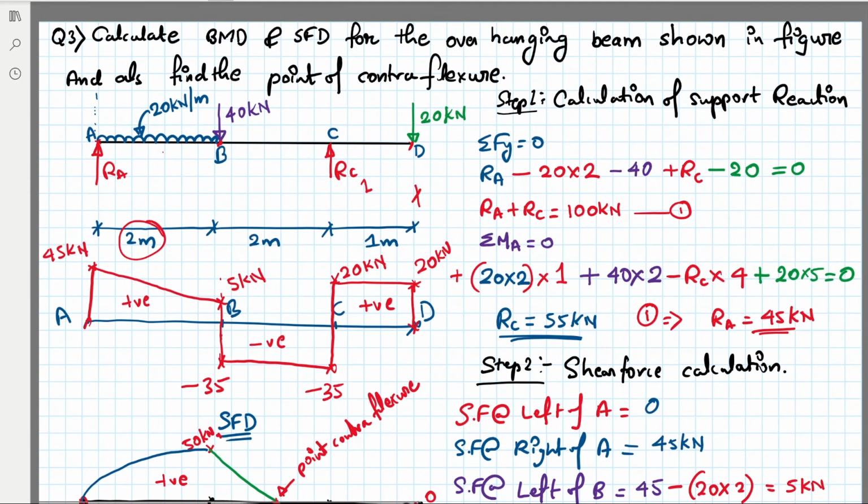So I can find the distance, or the point of contraflexure.